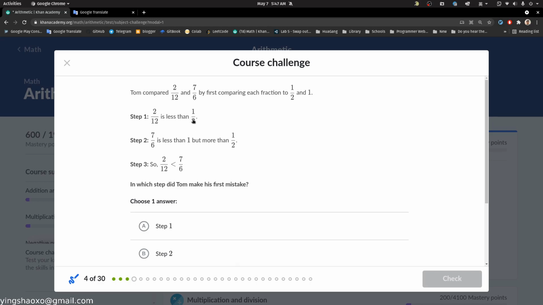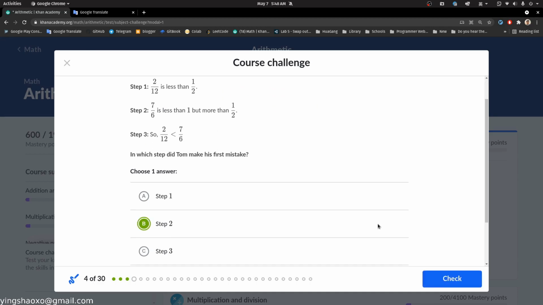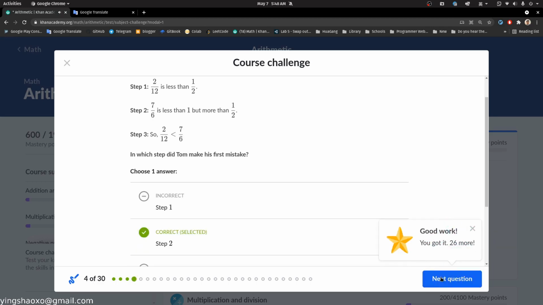Yeah, that's correct. 7 over 6 is definitely greater than 1, so it cannot be less than 1. So here Tom makes his first mistake. So I choose step 2. Let's click check, and we got it right. So we go to the next question.